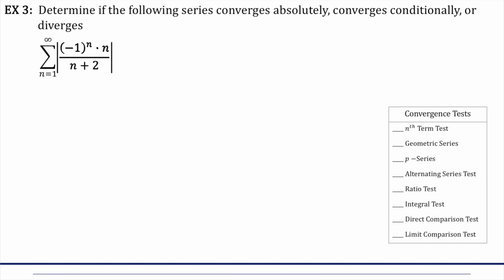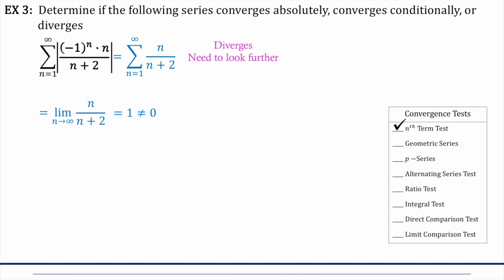Next one, take the absolute value and let's see what's going on here. We've got n over n plus 2. Which test would you use on this one? Let's start with the nth term test just to see what's going on. The limit as n approaches infinity of a sub n is 1. That diverges by the nth term test.